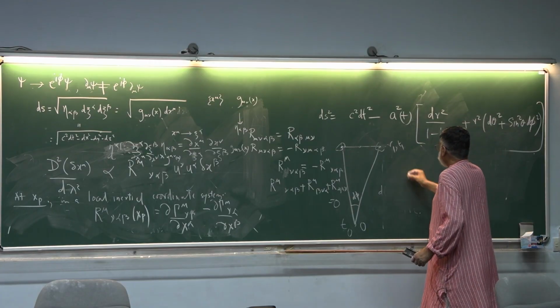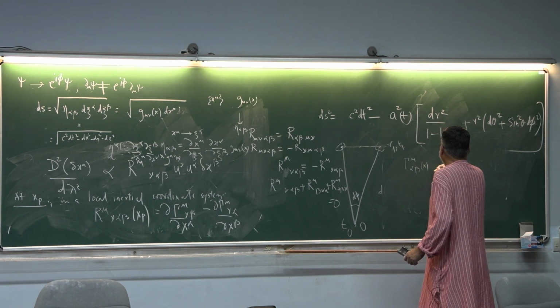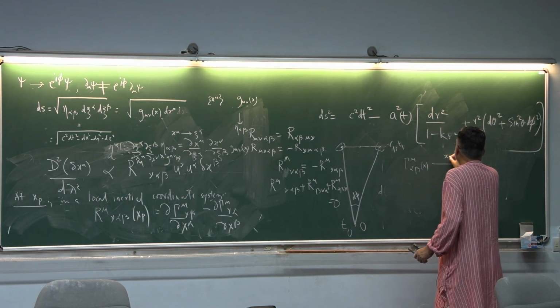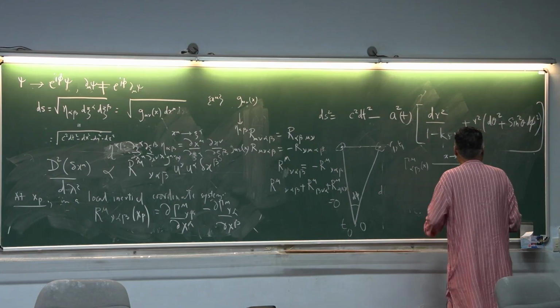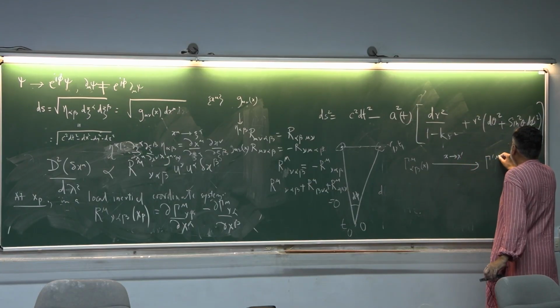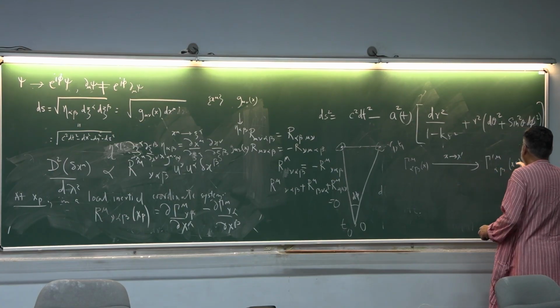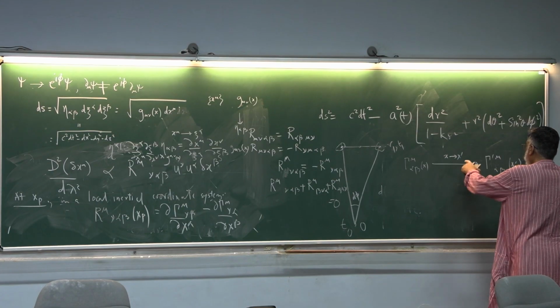So when you have gamma mu alpha beta, and you make a coordinate transformation, x going to x prime, then in these new coordinates, your Christoffel symbols are gamma prime mu alpha beta at x prime, the same event in the new coordinates.